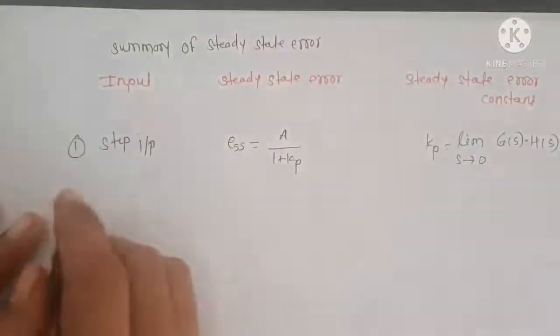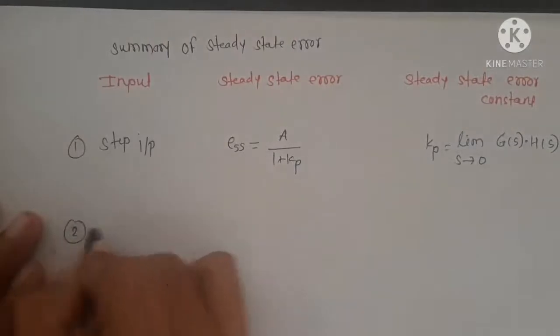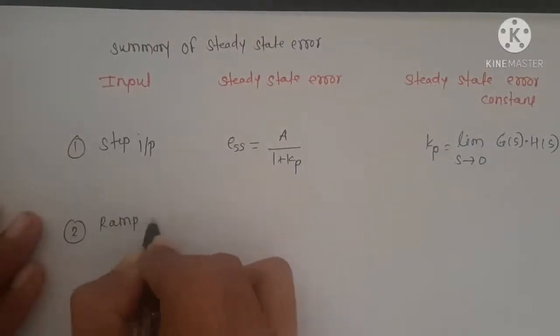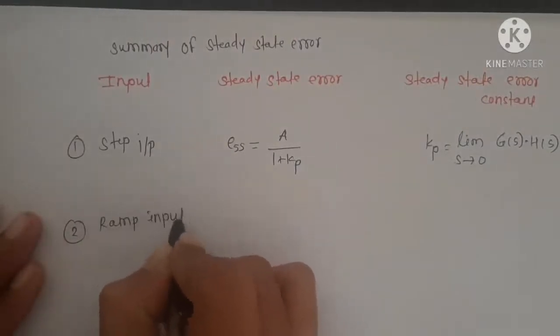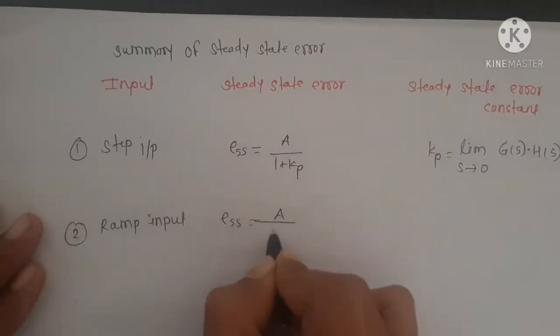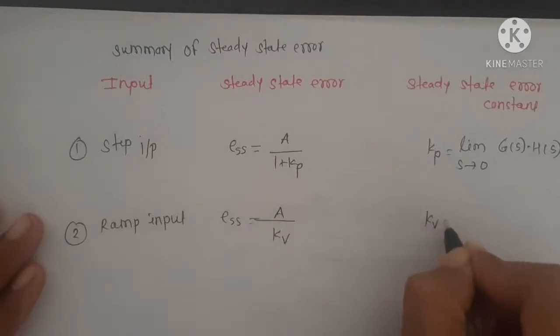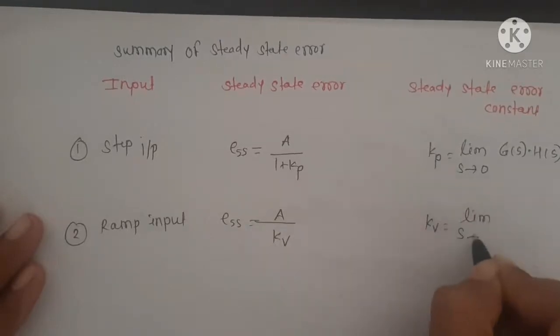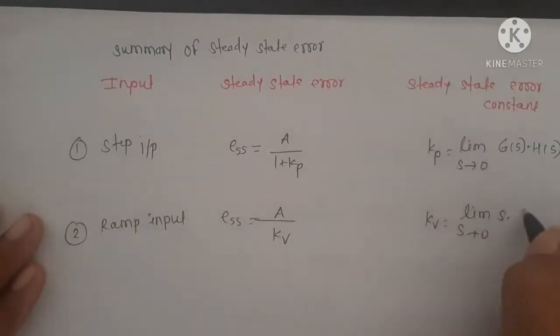Here we have derived. Next is ramp input. For this, steady state error is equal to A upon Kv, and this Kv is nothing but the limit s tends to 0, only s comes here, g of s into h of s.